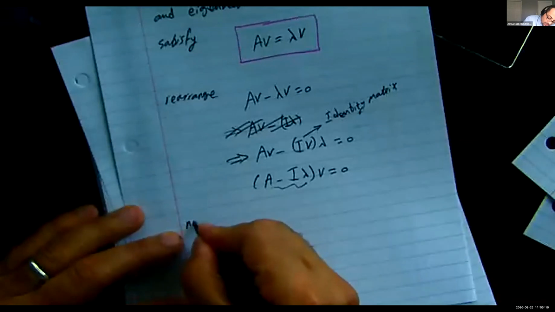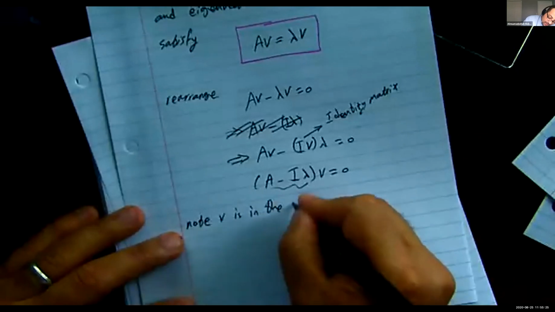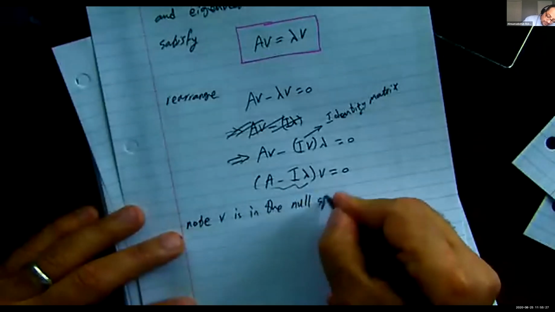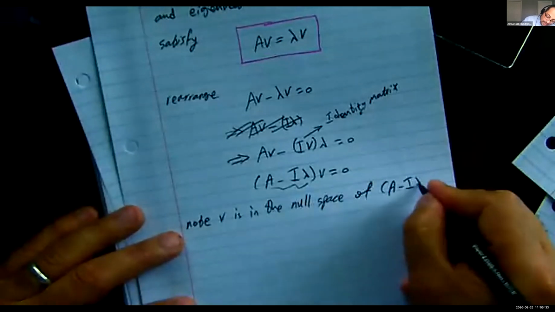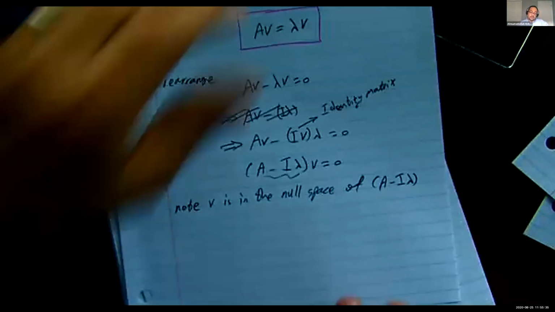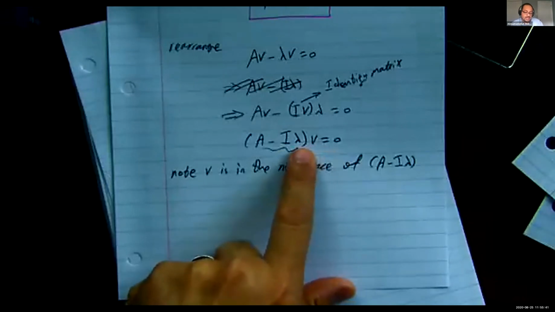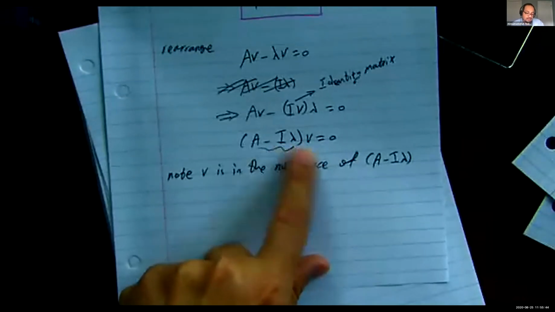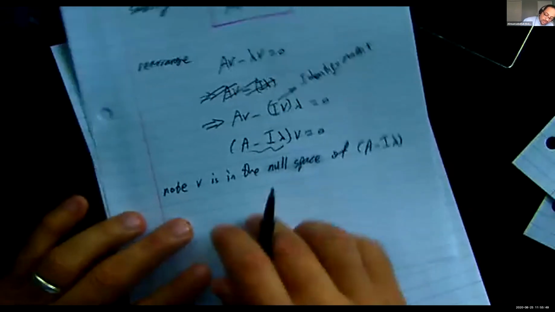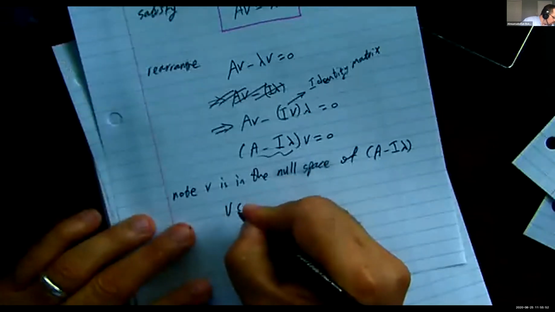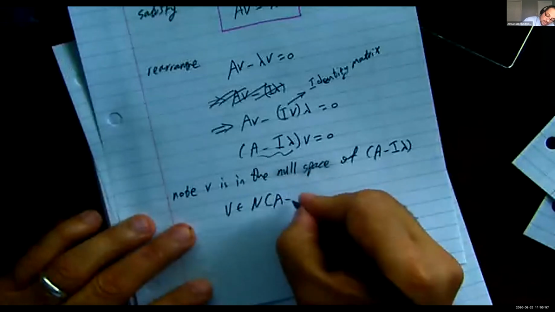So note that V is in the null space of A minus I lambda. The null space is the space that if you multiply it by this matrix, it will give you 0. So in other words, V belongs to the null space of A minus I lambda.